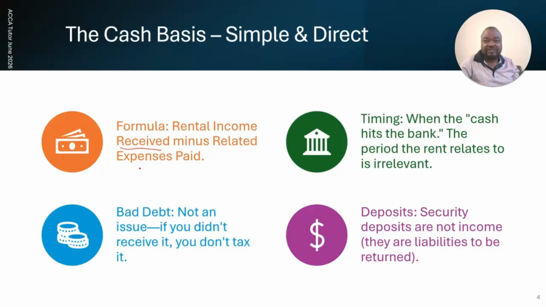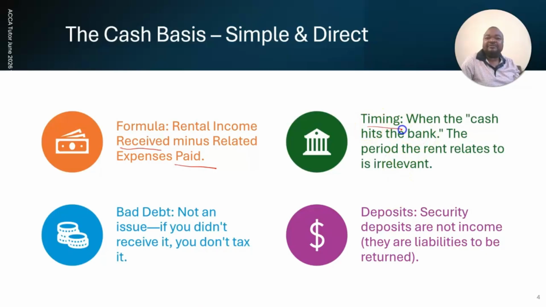Please, received simply means that the actual cash has entered into our bank. So rental income received minus related expenses paid. Paid, which means there was an actual outflow. Actual inflow minus actual outflow. That's the formula. All right.